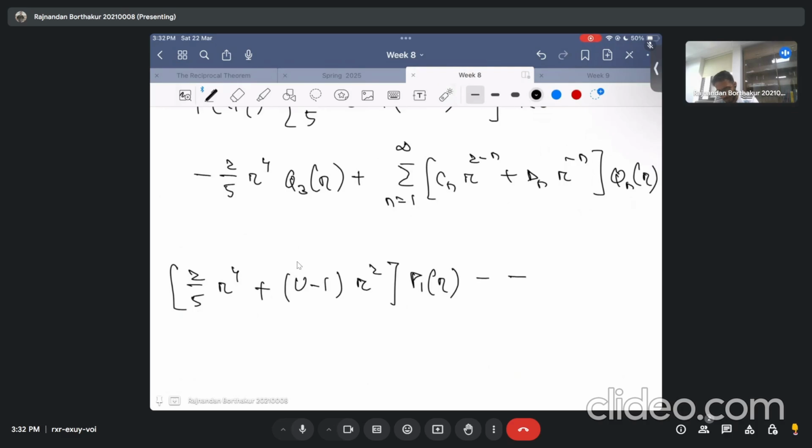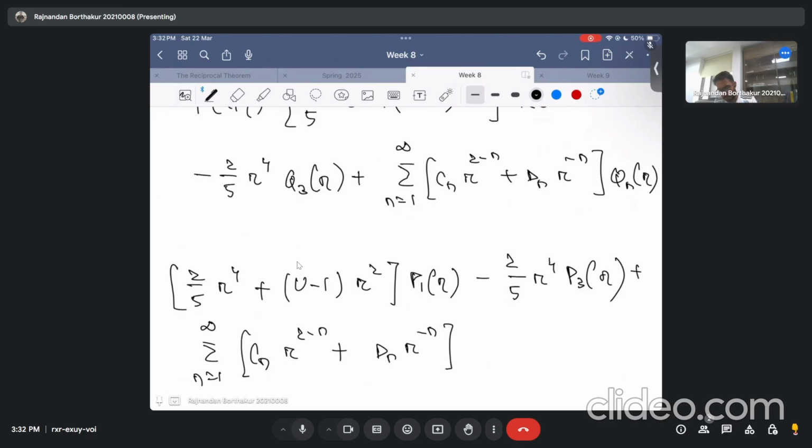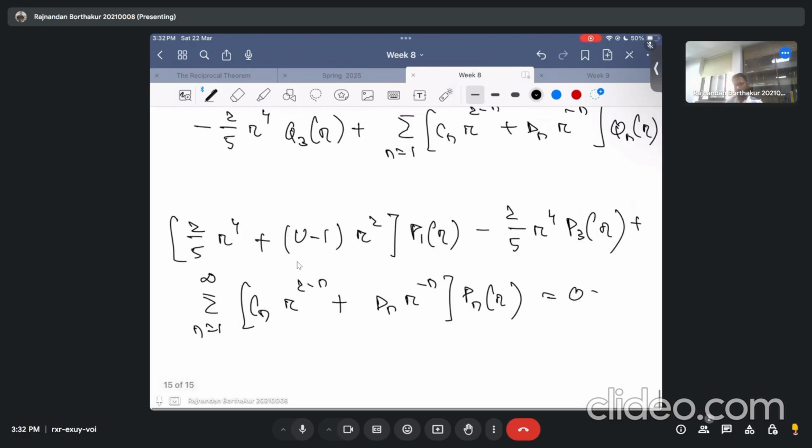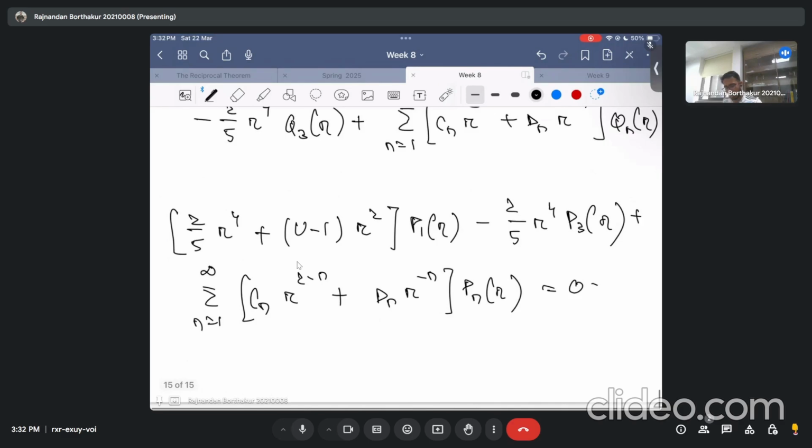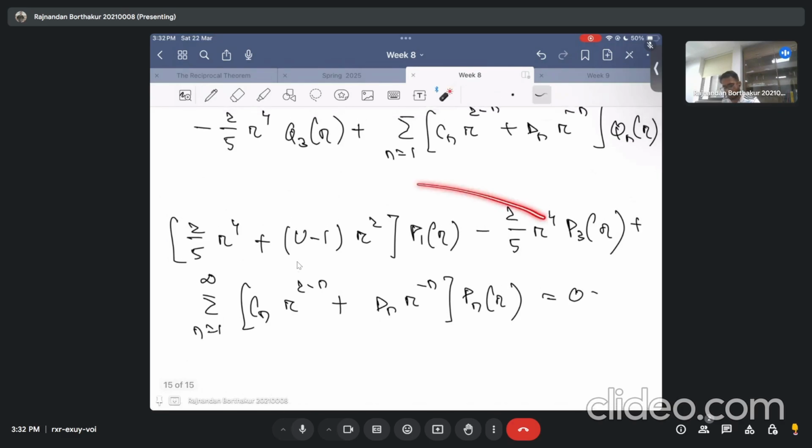Minus 2 by 5 R power 4 times p3 of eta by the same logic, plus summation n equal to 1 to infinity Cn R power 2 minus n plus Dn R power minus n, times dqn of eta by d eta, which is again pn of eta, and this is equal to 0. That's the no penetration boundary condition on the surface of the sphere written in terms of the stream function.